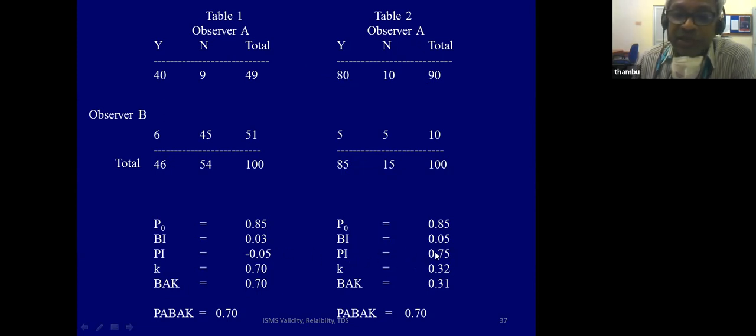You can see that's different. And here the kappa was 0.7. Here the kappa is 0.32. If you just do a bias adjusted kappa, you're not getting much change. But if you do a prevalence adjusted, bias adjusted kappa, you get 0.7. So that's why the prevalence adjusted, bias adjusted kappa is good for this methodology.